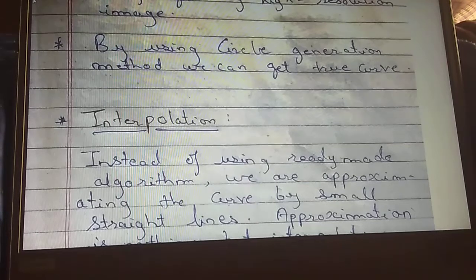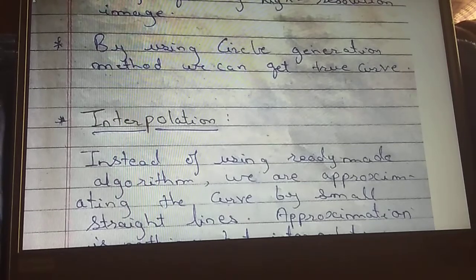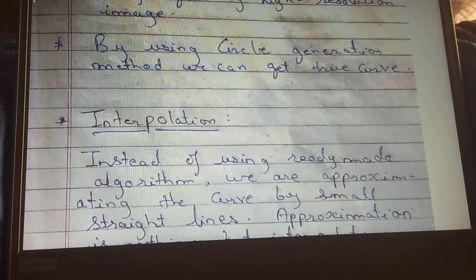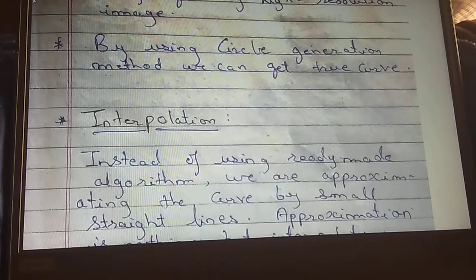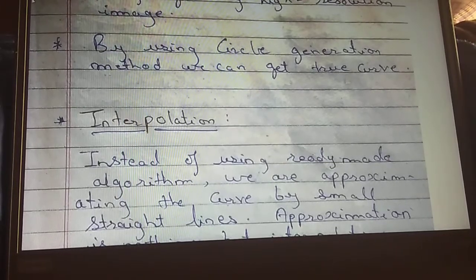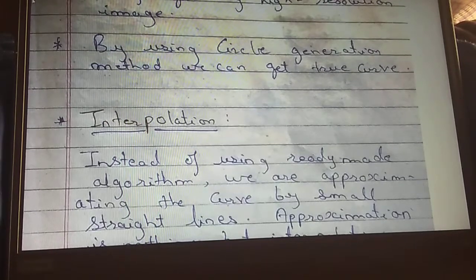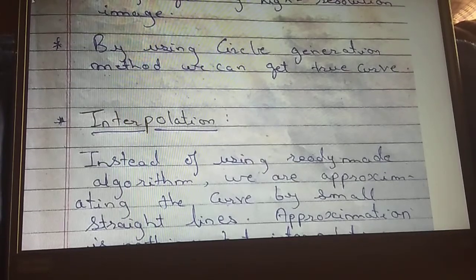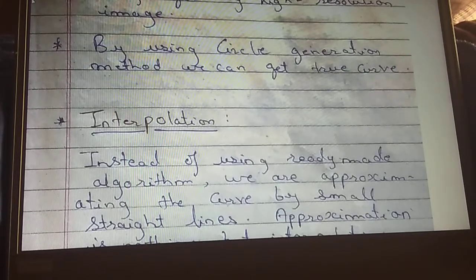But when we are using the DDA algorithm to generate a circular arc, we need a radius and obviously some angle theta, right, to draw a curve. So if we want to draw a curve from point (x1, y1) to (x2, y2) of angle theta, then we have to find the coordinates of (x1, y1) by the basic equation, that is x1 equals xc plus radius, and y1 equals yc, that is the center.